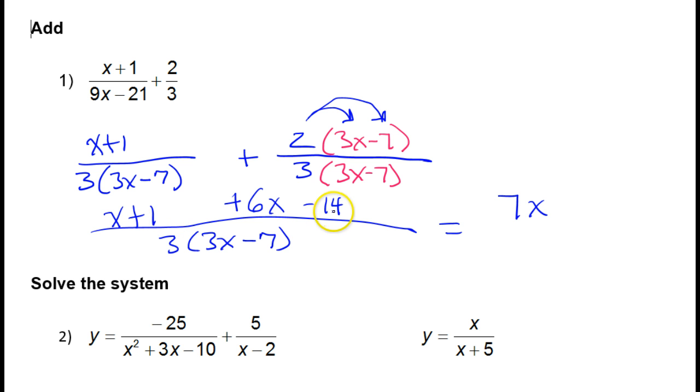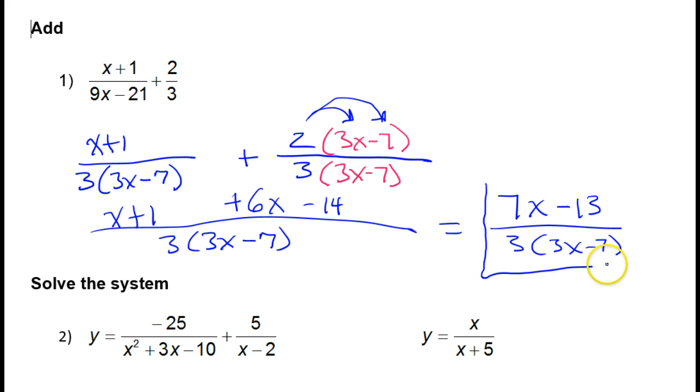Then 1 and negative 14 makes negative 13. All right, and that's going to be over 3x minus 7. All right, you should always look and see if there's another GCF that you can do anything with. I don't see anything else, so this can be our final answer.